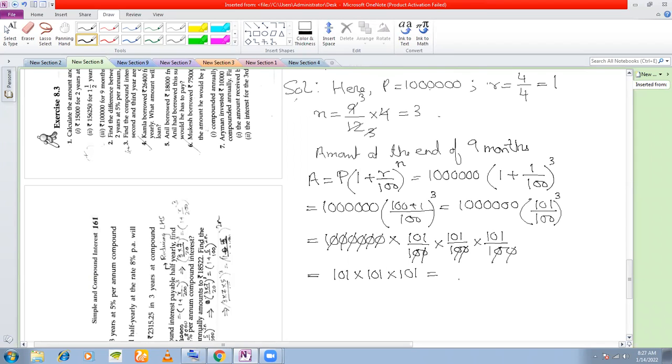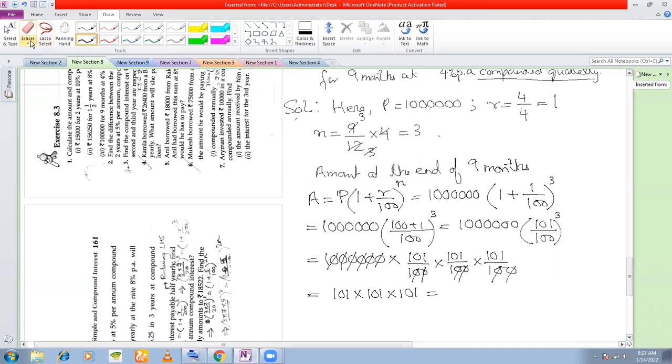101 cube. This is, I think, 1 lakh rupees, not 10 lakhs. I added one extra zero. Let me make the change, because in the problem it's given 1 lakh. So you have 1 lakh here, and here also 1 lakh, and here also 1 lakh.